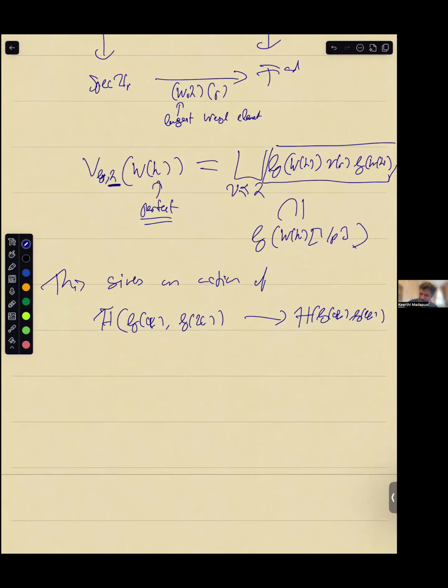And we think this action, in whatever context in which you're defining it, should descend to an action of the Hecke algebra, but this requires understanding something more about the situation. So I'll just stop here. Thank you.